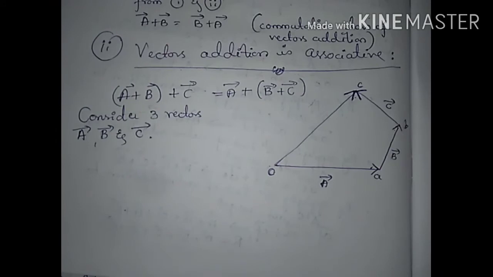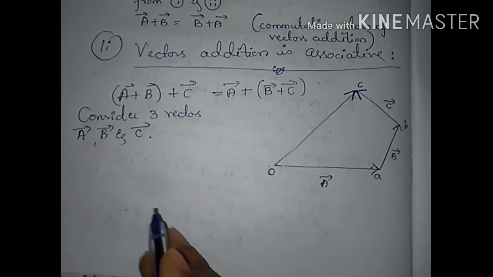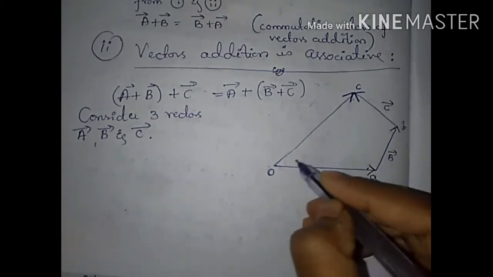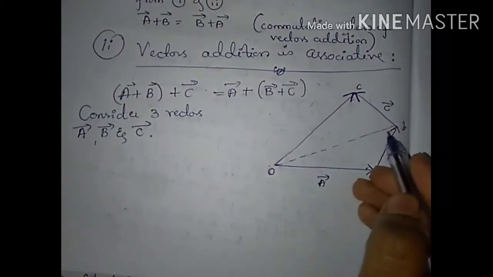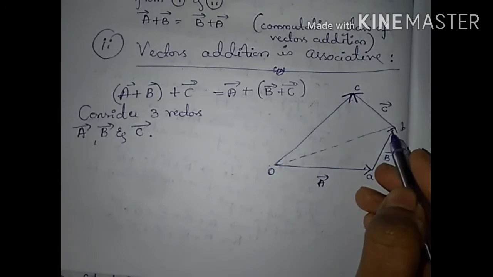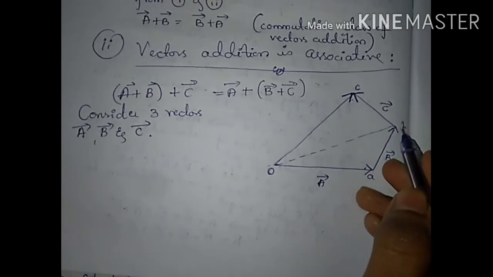So according to the triangle law of vectors addition, if you consider the triangle OAB and apply the triangle law, then what will you get?